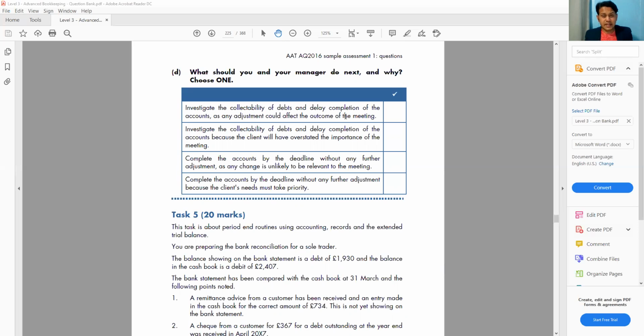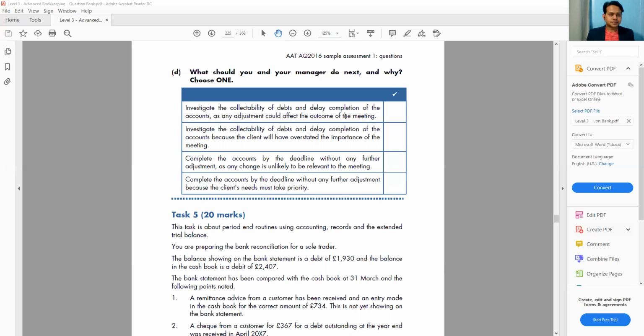So you try to investigate more and delay the completion. So don't do it in too much of a hurry, don't do it too fast, because of any adjustment you make, maybe that will have a different decision on the meeting. So maybe because of your adjustment, the outcome of the meeting, the result of the meeting, will be different.